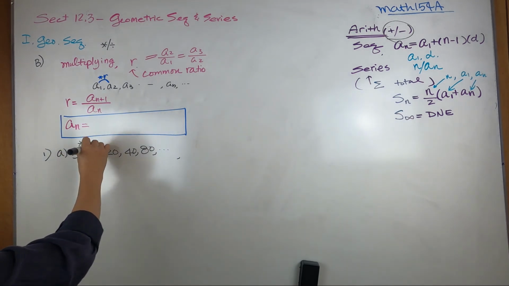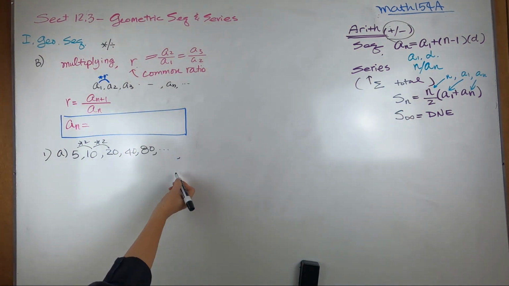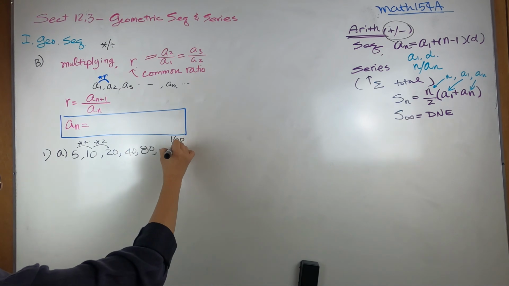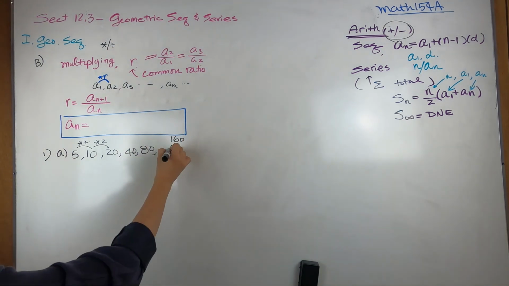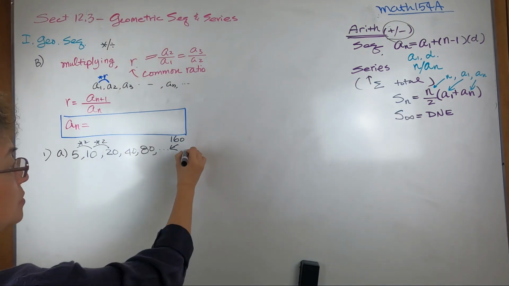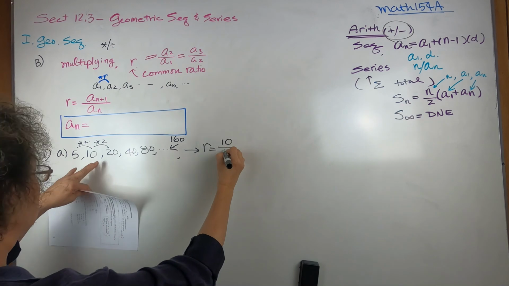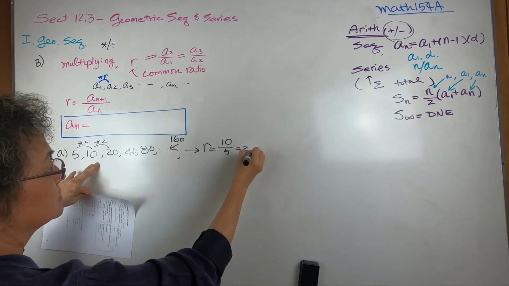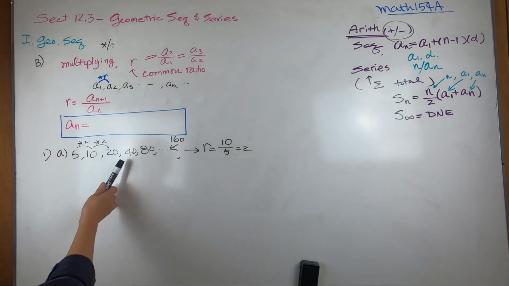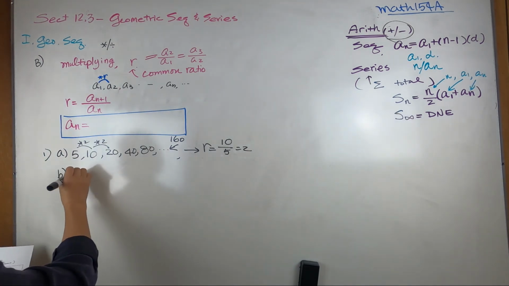We multiply by 2, so we do have a geometric sequence. The next number you will expect is 160, because r is 2, the common ratio. How do we get r? We just do the second term divided by the first term, the easiest one. Or you can do the third divided by the second.